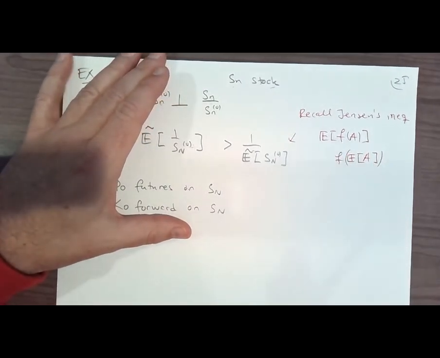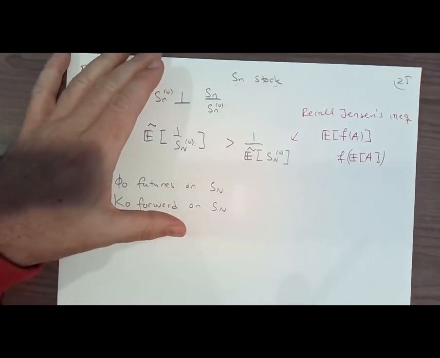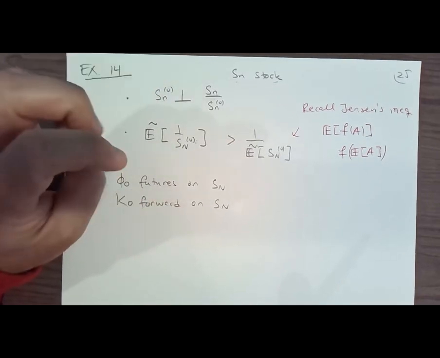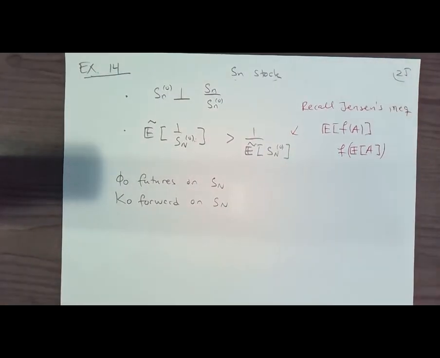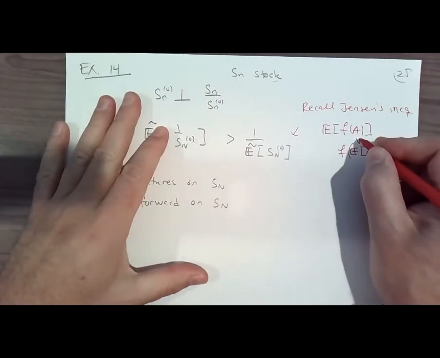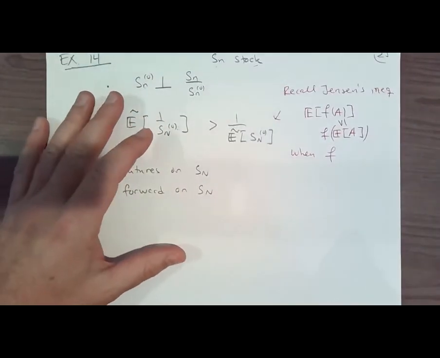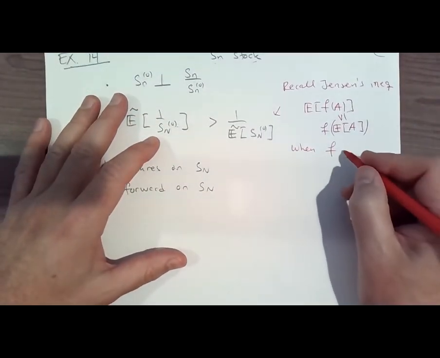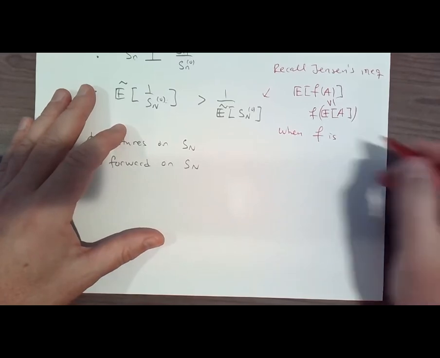Which one is biggest here? First one. First one is biggest. And this works when f has to be, anybody remember what the property is? Convex. Yes.